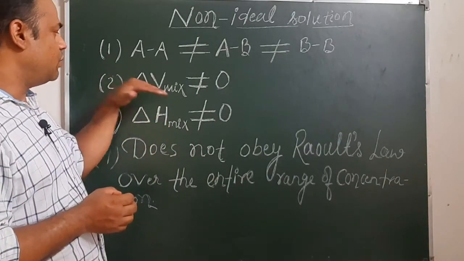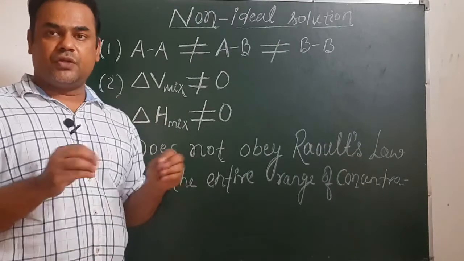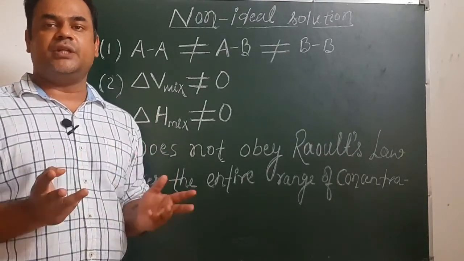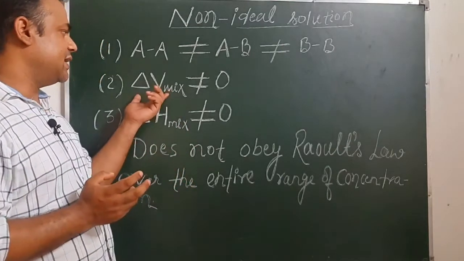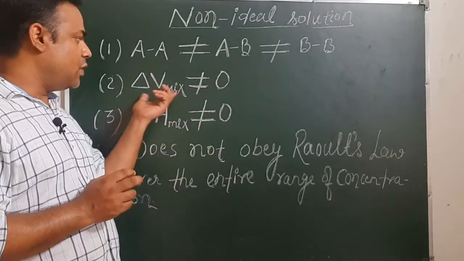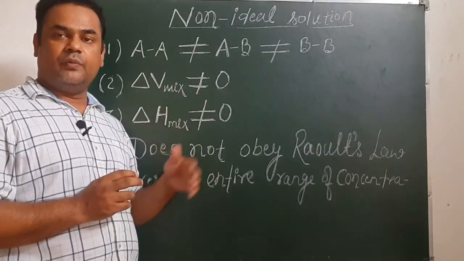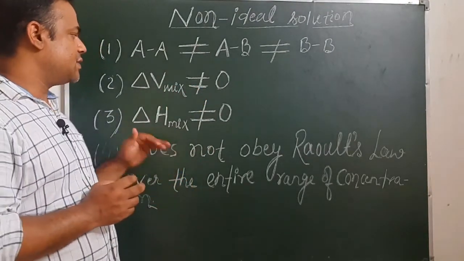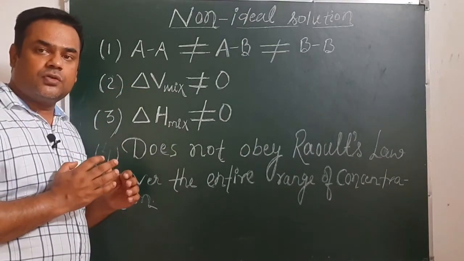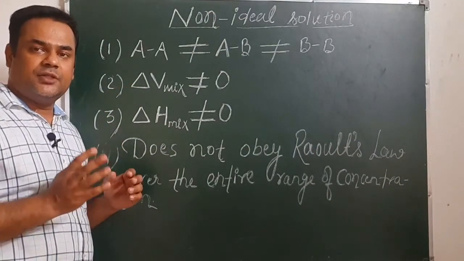As for volume of mixing, when we mix two components and there is no change in volume, the solution is ideal. But if the volume changes, for example increases, the solution is non-ideal.